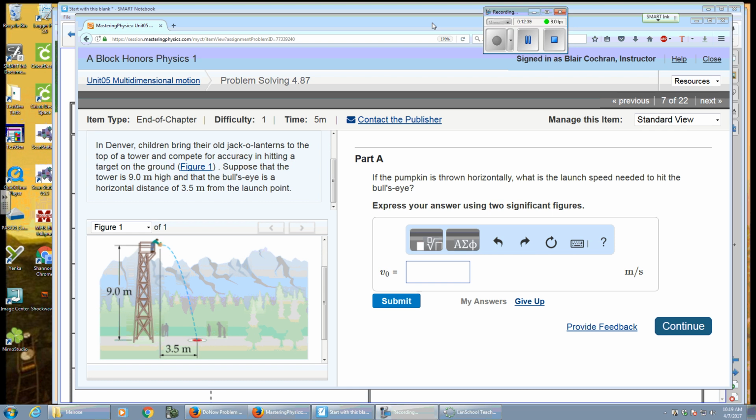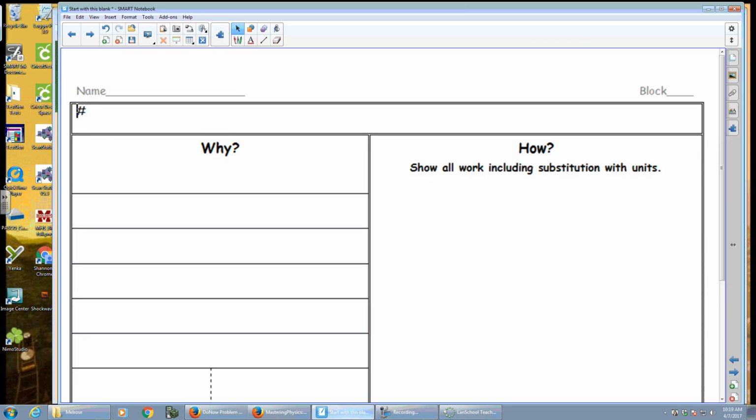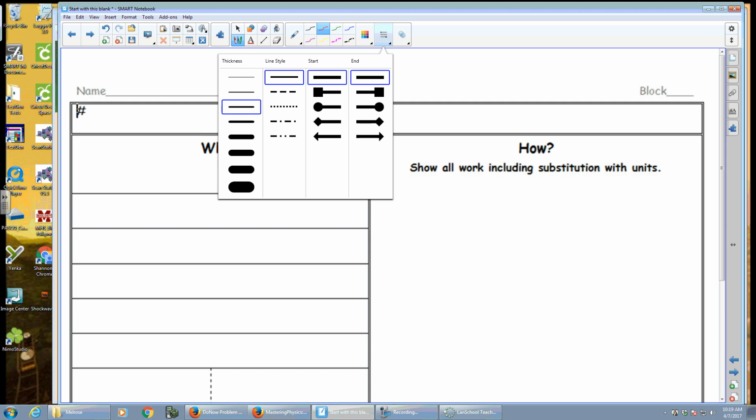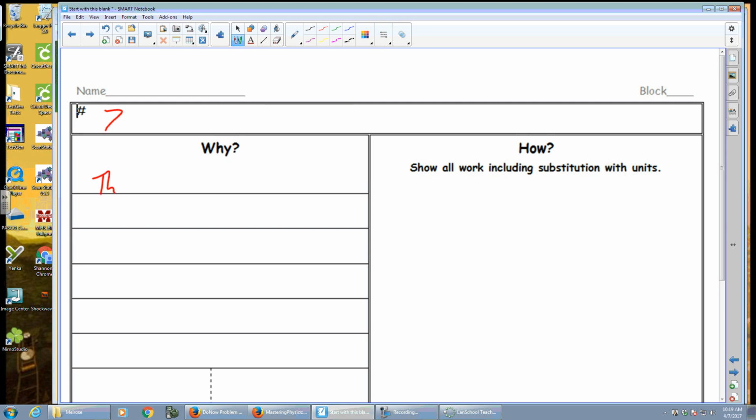All right. Let's give it a try. So we need some words on this one. Again, this is number 7. So I would start off with something like: the pumpkins are projectiles, so in free fall.